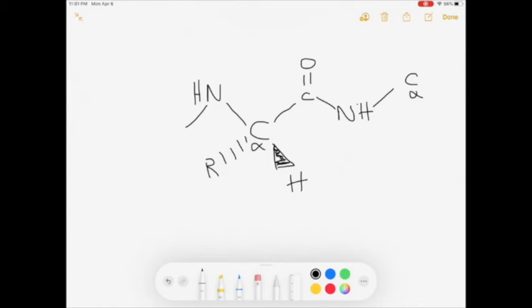So we get a rigid planar unit, and it happens right here, with the alpha carbon over to this side and the other alpha carbon. So this is the rigid planar unit. Again, there's no rotation happening between the carbon and the nitrogen because it shares that double bond between the two atoms.